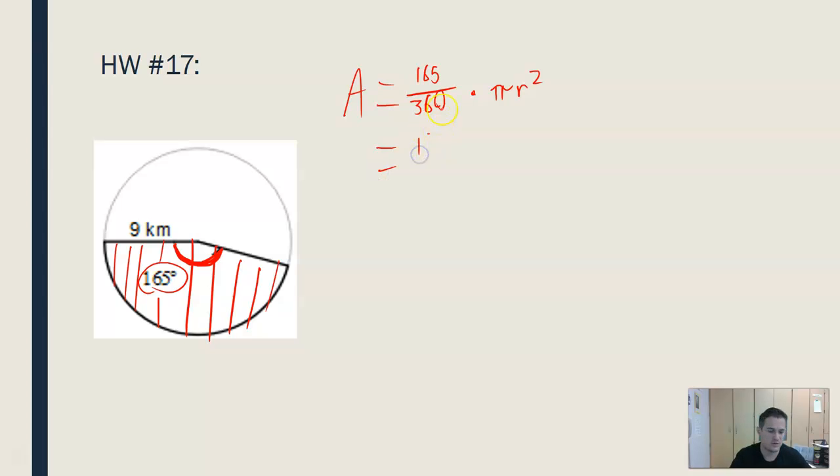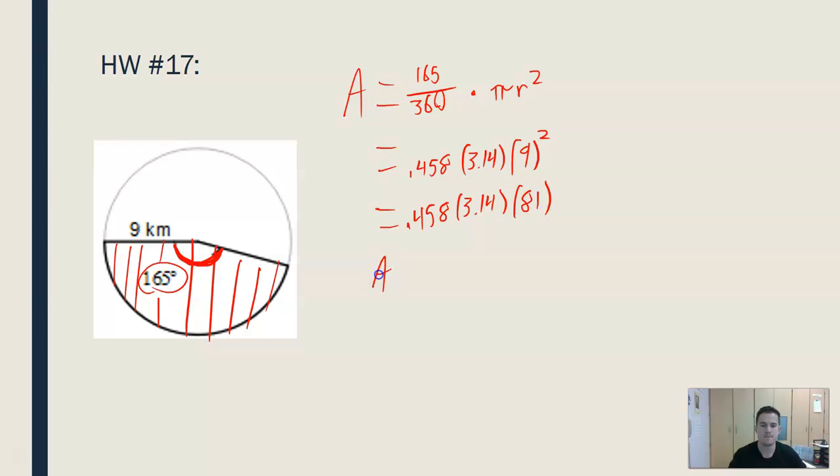Well, 165 divided by 360 is 0.458 times pi times r squared, or 9 squared since that's the radius here, which is 0.458 times 3.14 times 9 squared is 81.